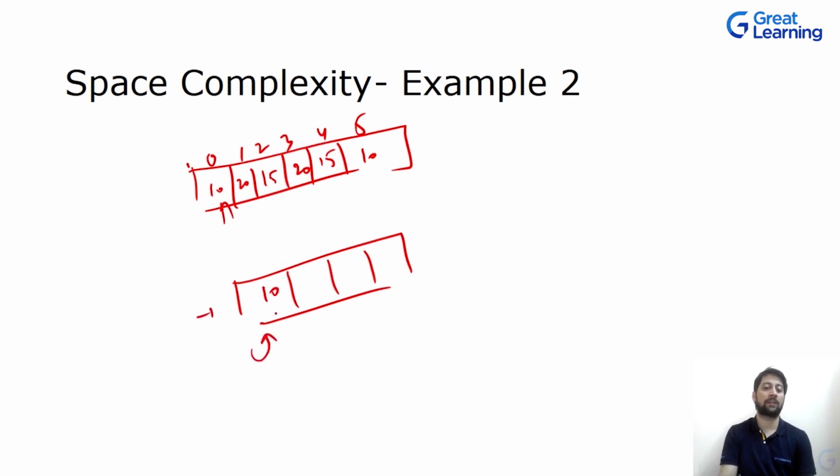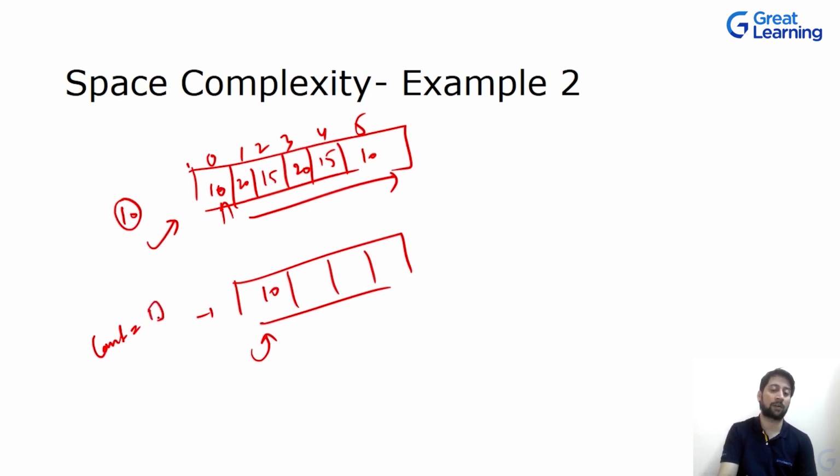Now you check, if this is already present, pick up the counter and keep track of how many times this 10 occurred. Now this will work only when you're trying to search 10 throughout the array. I'm taking a naive example, right? So I'm trying to search 10 and calculate how many times it has occurred. You place a 10 in this array, and then you iterate through the array, keep track of how many times this has occurred, and keep incrementing your counter. So now you're using an extra space.